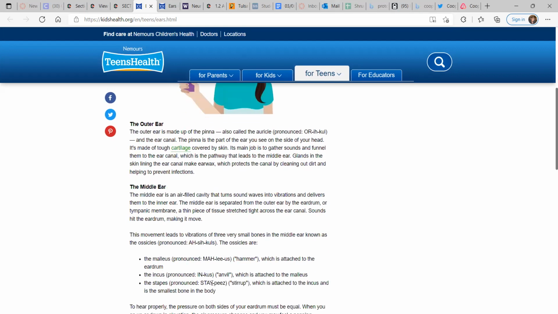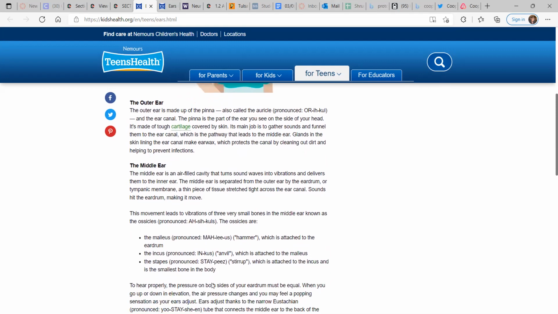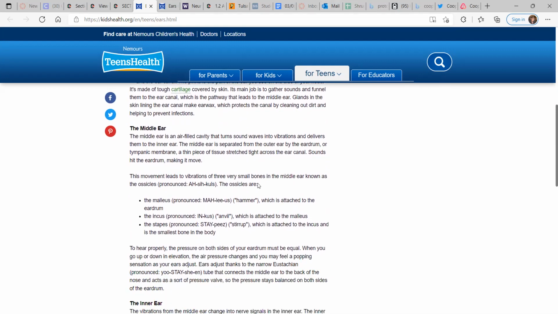And the movement, the vibrations, affect those very small bones, and those are called ossicles. And if you break the ossicles down further into their components, we have the malleus, which is hammer, that's attached to the eardrum, the incus or the anvil, which is attached to the malleus, and the stapes.